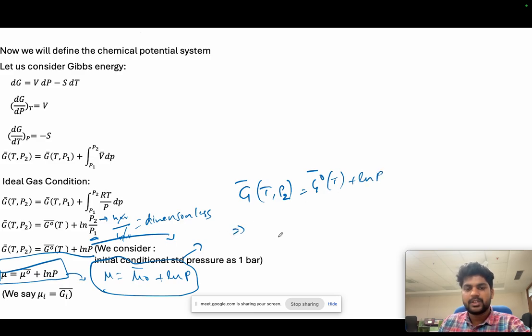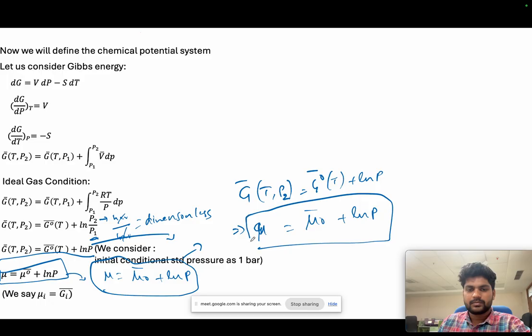This is converted to mu equal to mu naught plus RT ln P. If you want the proof of this, why we are writing G as equal to mu, so Gi equal to mui, it means if I say this is the second position, then mu2 equal to mu naught plus RT ln P.